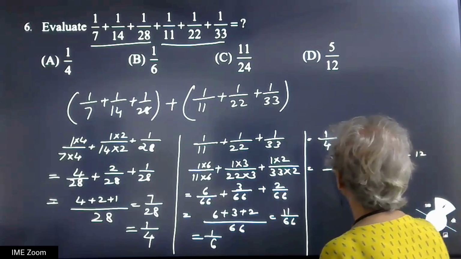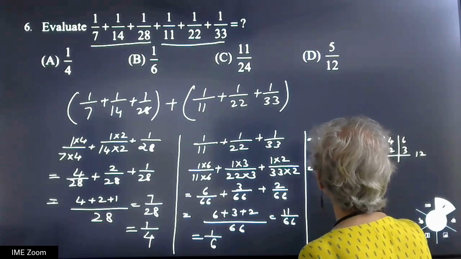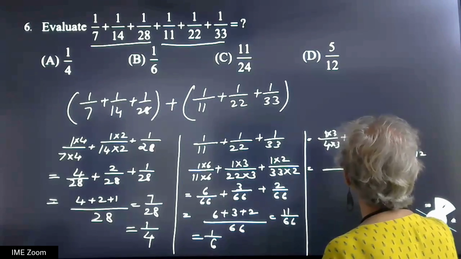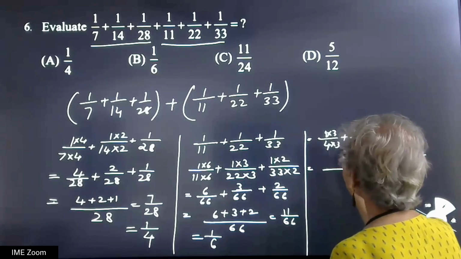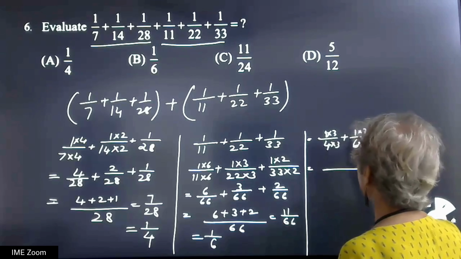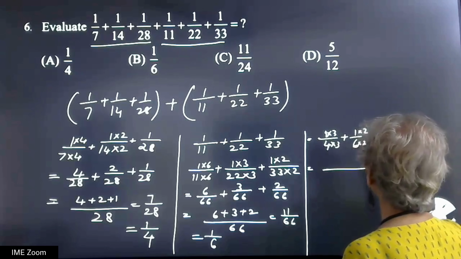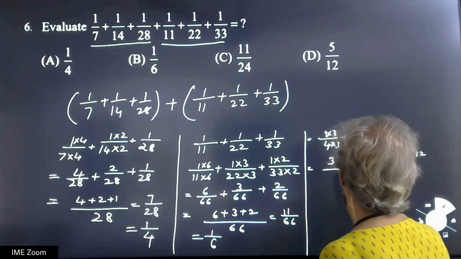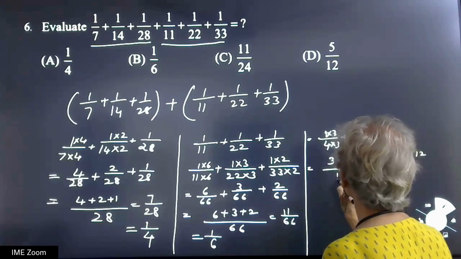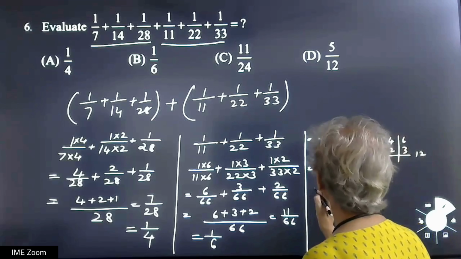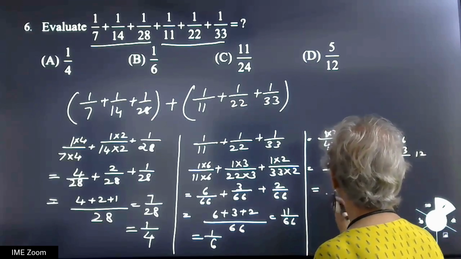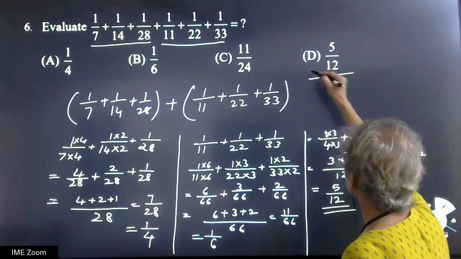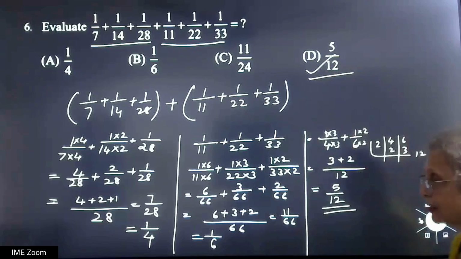LCM is 12, right? So here it is multiplied by 3 and here it is 2. 4 3s are 12, so numerator also into 3. 6 2s are 12, numerator by 2. And therefore we will get 3 plus 2 upon 12. And the answer is 5 upon 12. This is our answer. Here the answer is D.